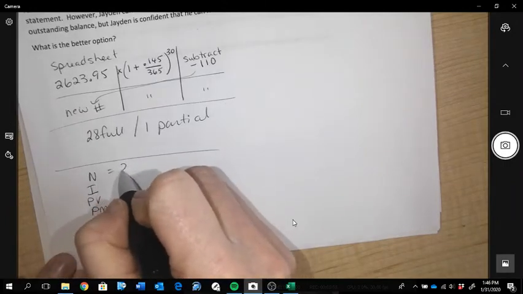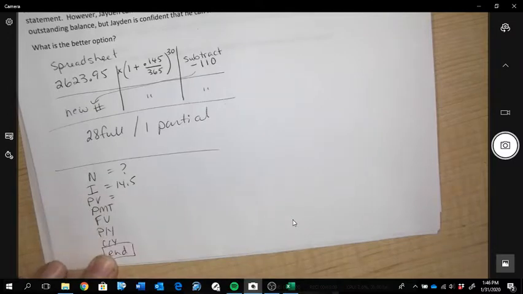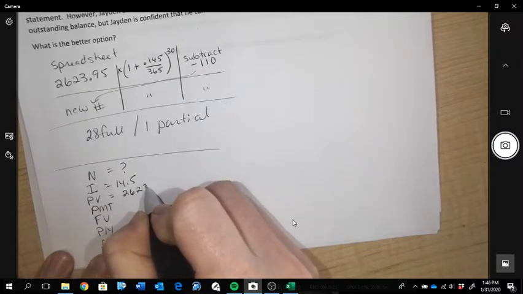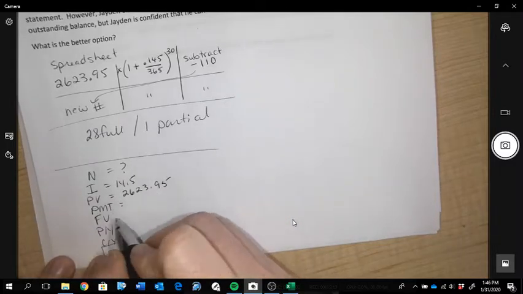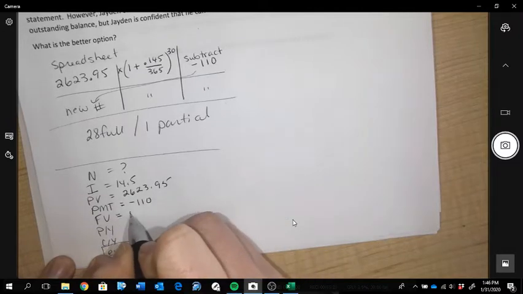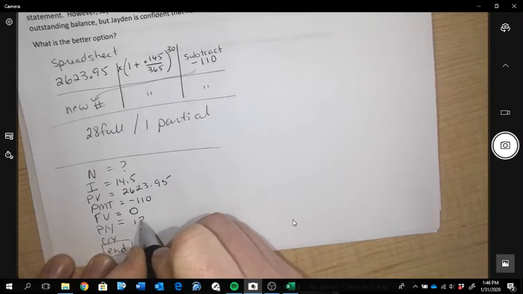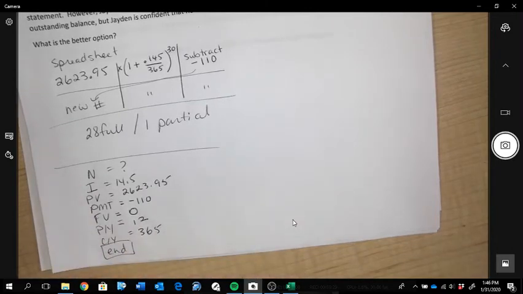N is the thing I don't know. The interest rate is 14.5. The present value is 2,600. Our payments, we're going to go minus 110 every month. Future value, we want to get to 0. We're making 12 payments per year and 365 compounds per year.